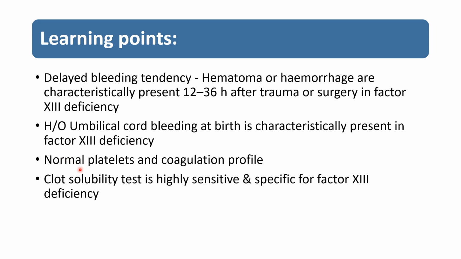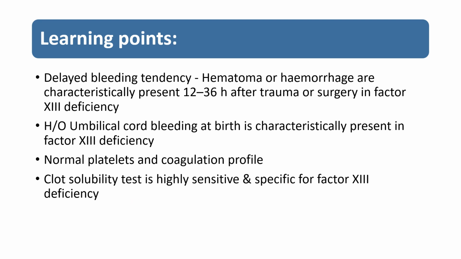When you go for the platelet count and coagulation profile, you will find a normal platelet count and coagulation profile. PT, APTT, platelet counts, BT, CT, all will be normal. Then you have to go for the clot solubility test. It is highly sensitive and specific for factor 13 deficiency, in which the clot will be dissolved in the presence of 5 molar urea.